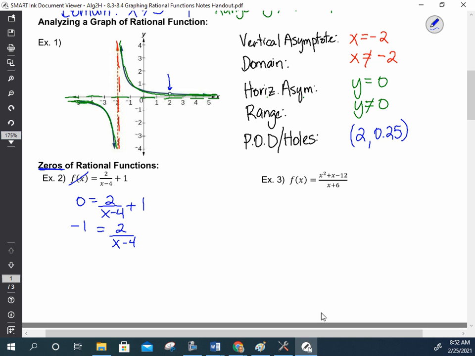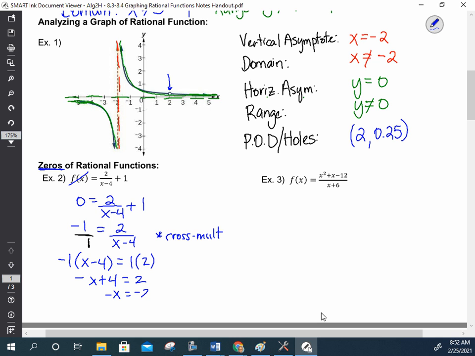Take negative 1 and make it a fraction, negative 1 over 1. Now you can cross multiply. Negative 1 times x minus 4 equals 1 times 2. So negative x plus 4 equals 2.